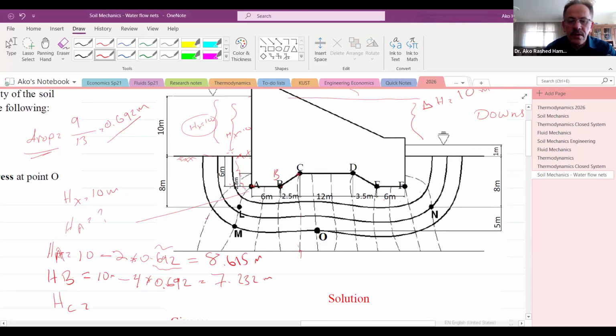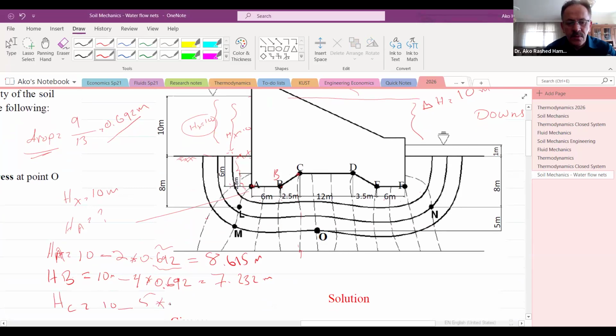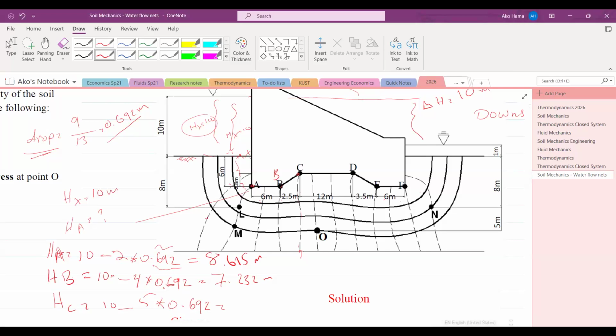So H of C is equal to 10 minus the drop again at C. 5 drops, 5 times 0.692, and that becomes 6.54 meter. Okay.